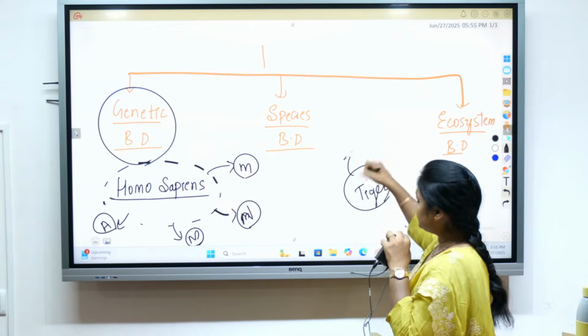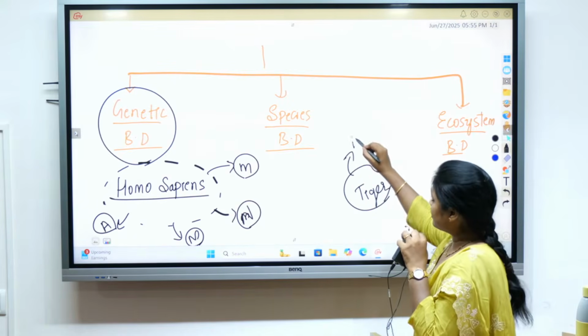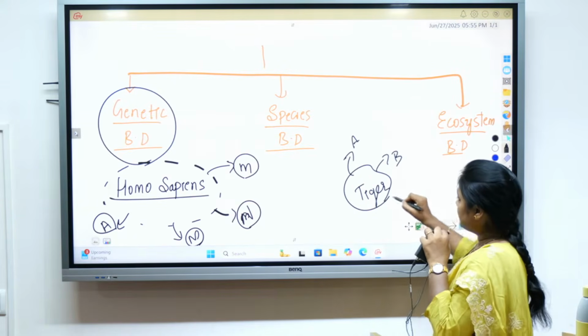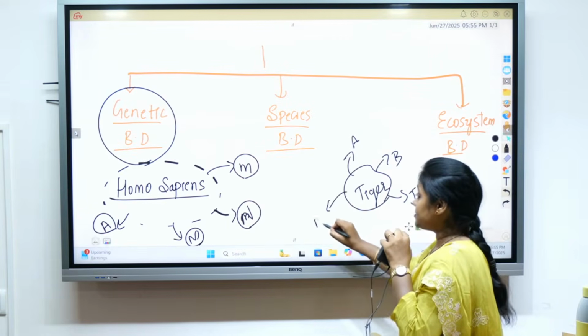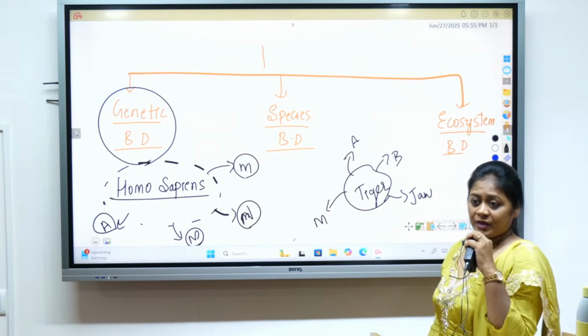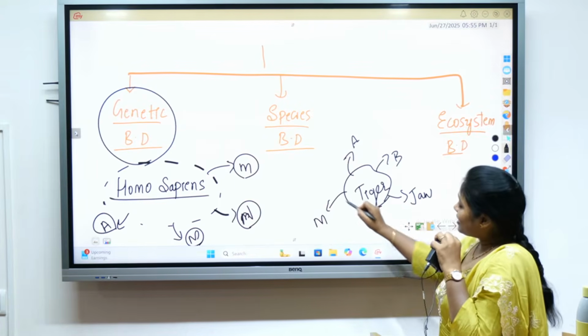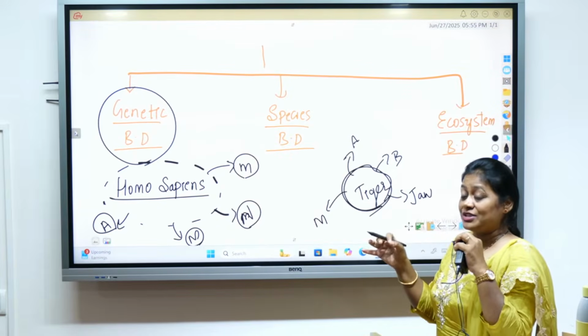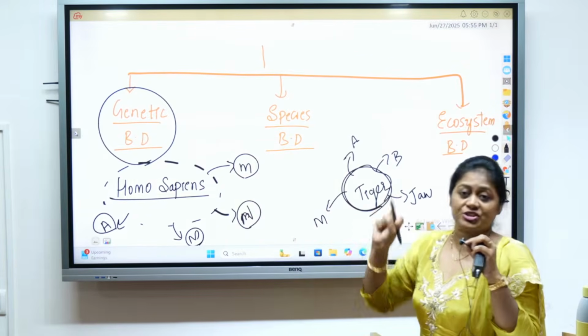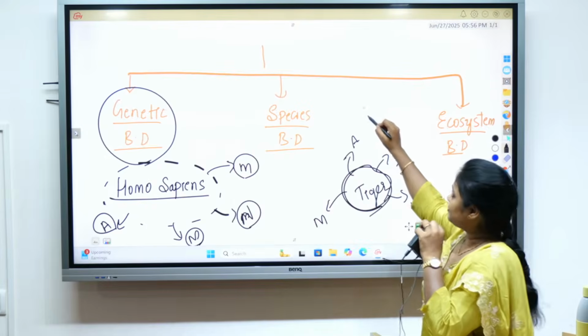So even in tigers, there are different types of tigers. For example, Asiatic tigers, Bengal tiger, Javan tiger, Siberian tigers, melanistic tigers, isn't it? So tiger is a species. We are finding different genetic variation in that single species. You got lion.